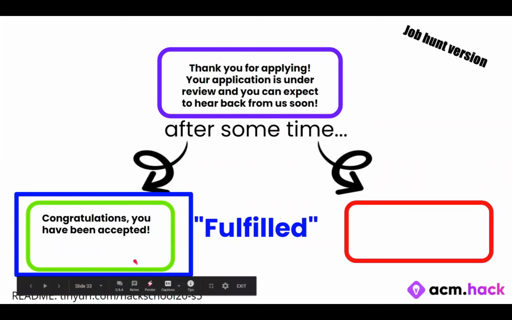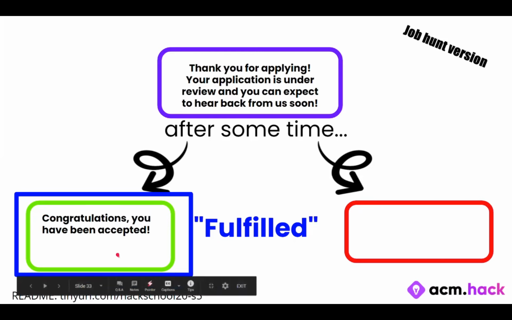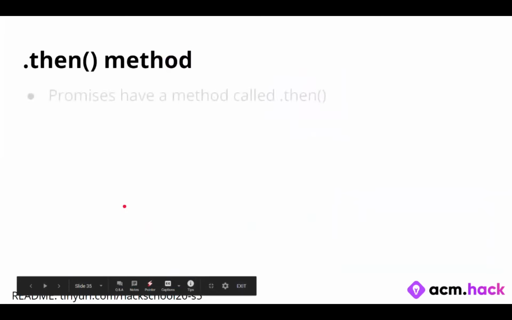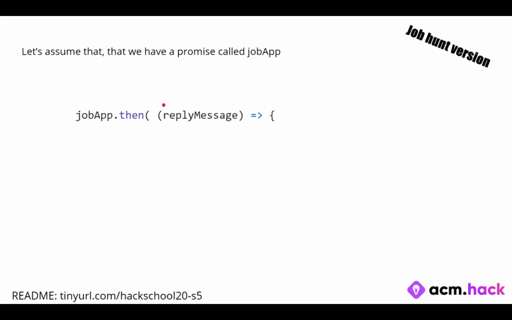This green box is our function, but inside this function, we can access the contents using our argument reply message. So reply message contains the string "Congratulations, you have been accepted." So it is a variable and it is an argument. It is not a function.